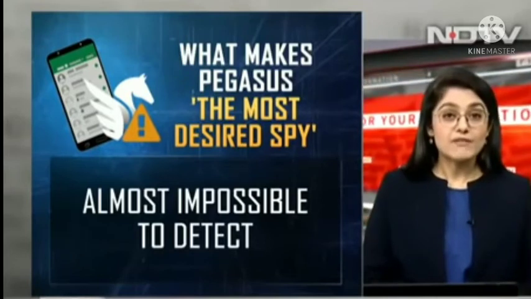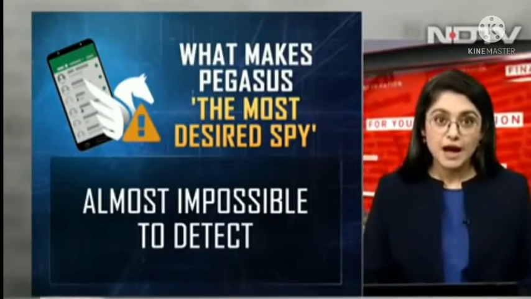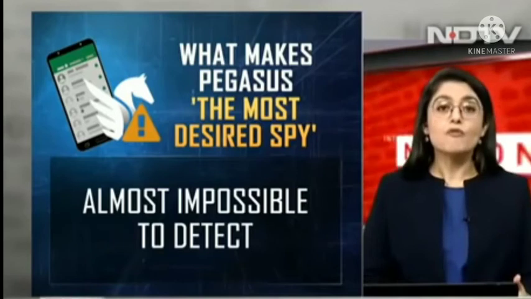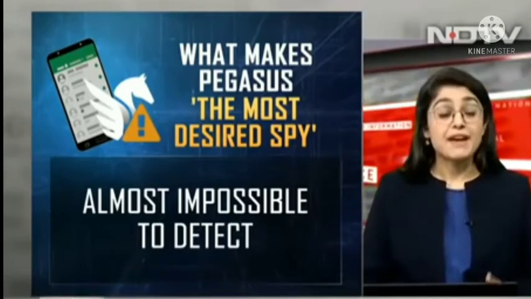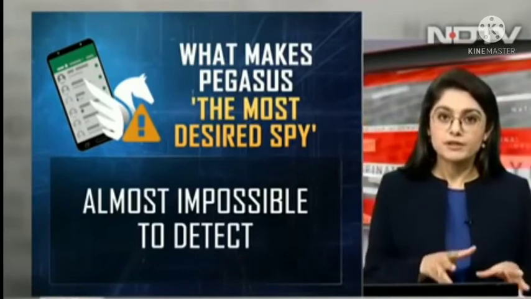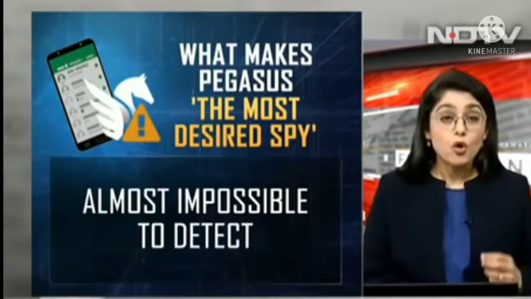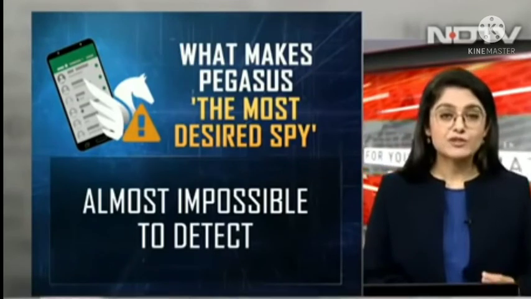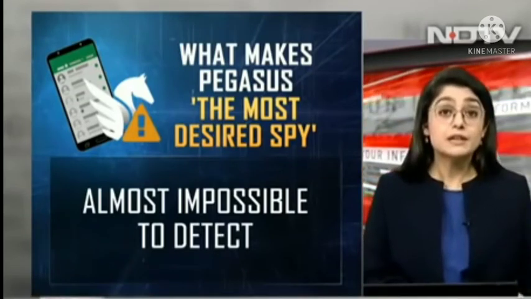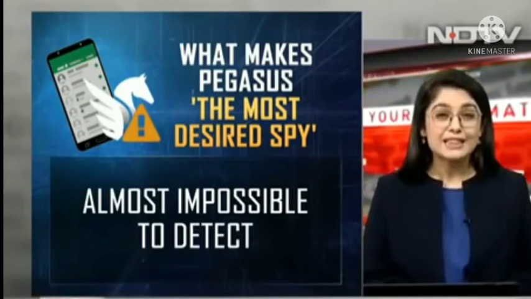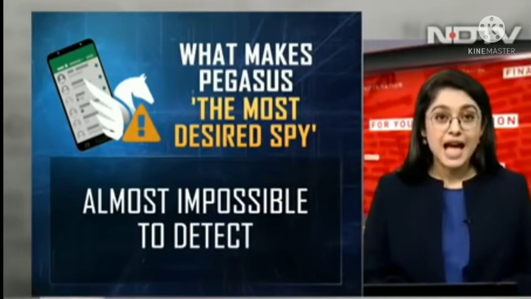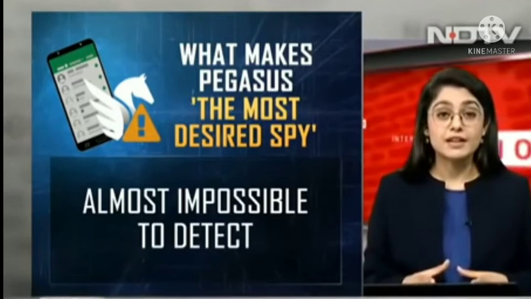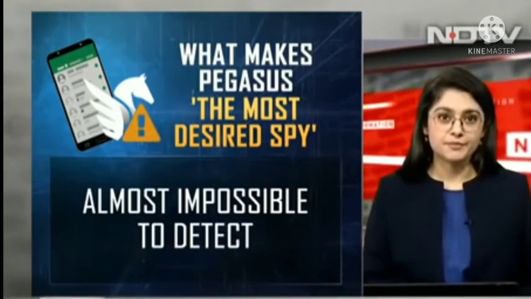So far, the only way of knowing if your phone has been targeted is by sending your phone for a digital forensics or a security lab analysis. In fact, The Guardian, which is part of the consortium reporting the possible list of these targets, quoted the man who runs Amnesty International's Berlin-based security lab as saying that once a phone was infiltrated, Pegasus had more control over it than the owner himself.